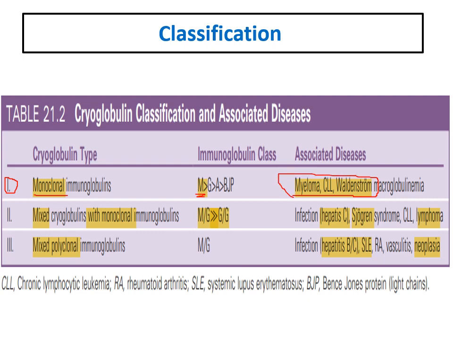Type 2 and type 3 both are mixed, but type 2 is formed of monoclonal IgM against polyclonal IgG. The most common cause is hepatitis C, also Sjogren and lymphomas, but the most important is hepatitis C. In type 3, both IgM and IgG are polyclonal. Usually the same causes for type 2 can cause type 3 cryoglobulinemia.